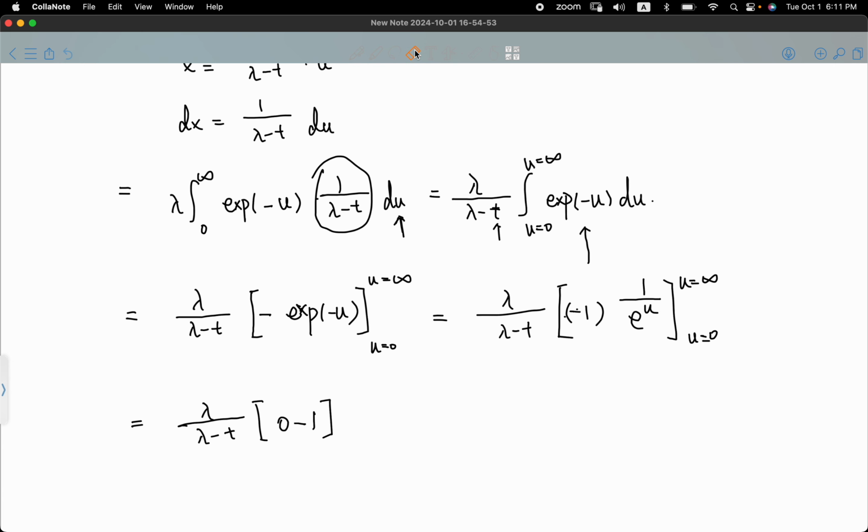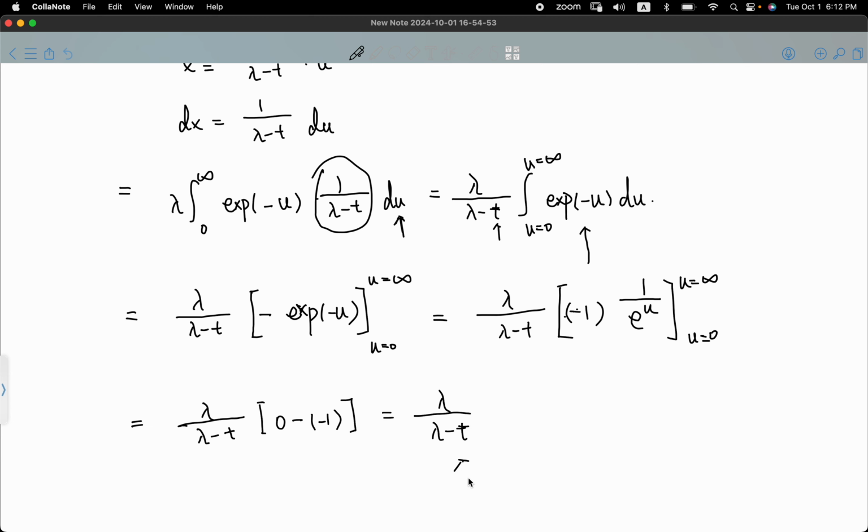Yes, perfect. Thanks. So it should be 0, minus a negative 1. Is that correct? Yeah. So you will end up with lambda over lambda minus t.